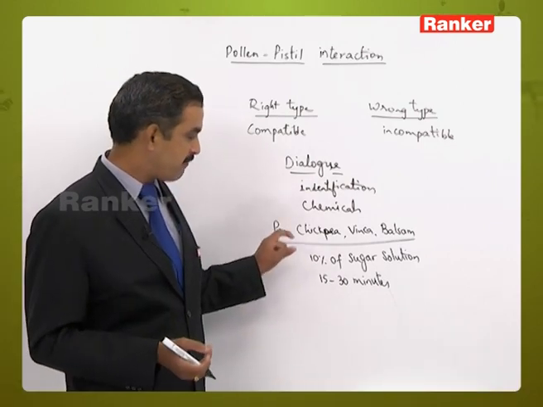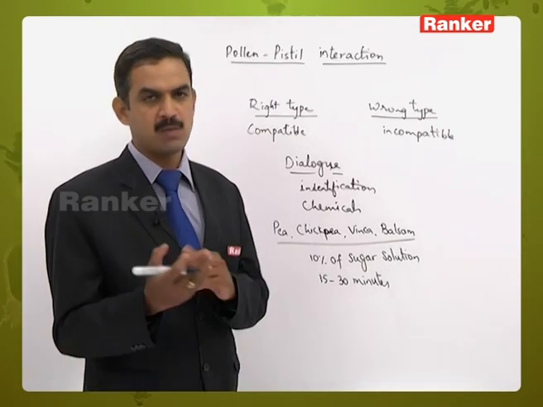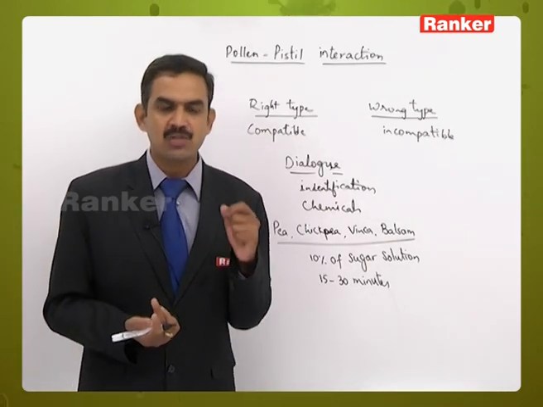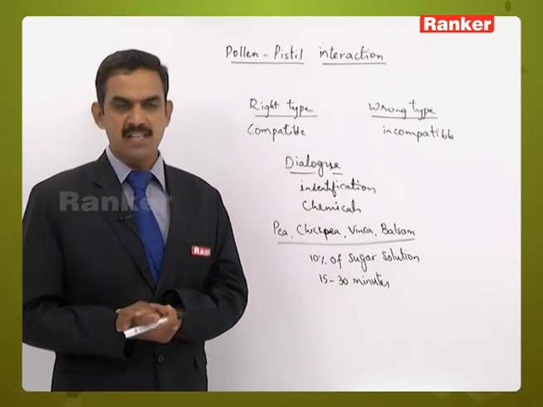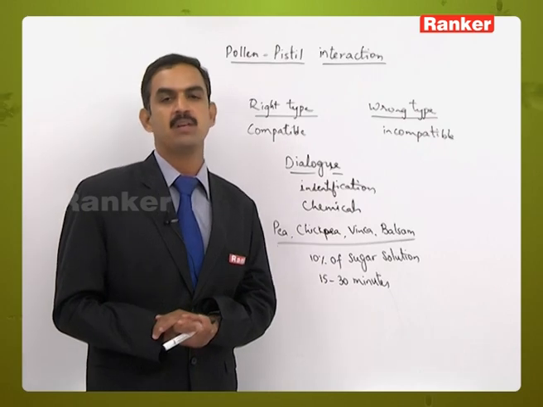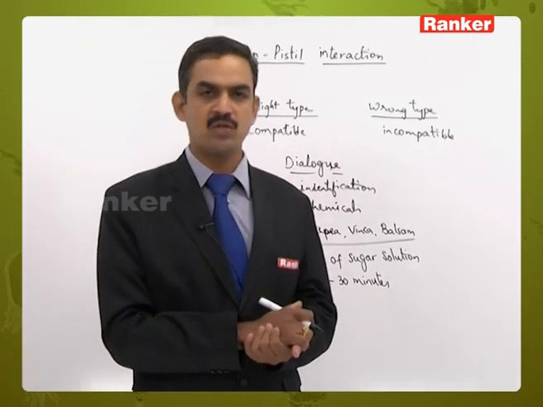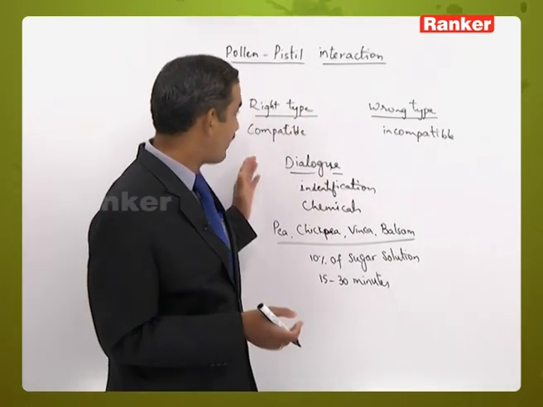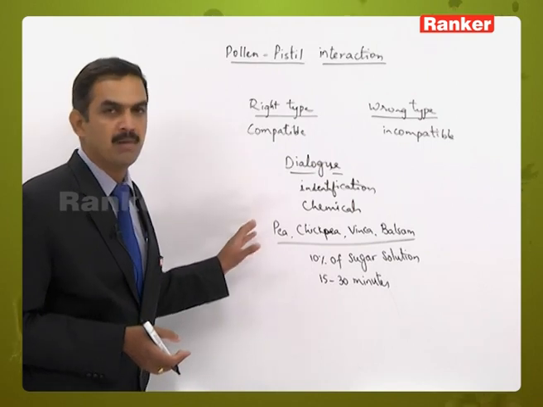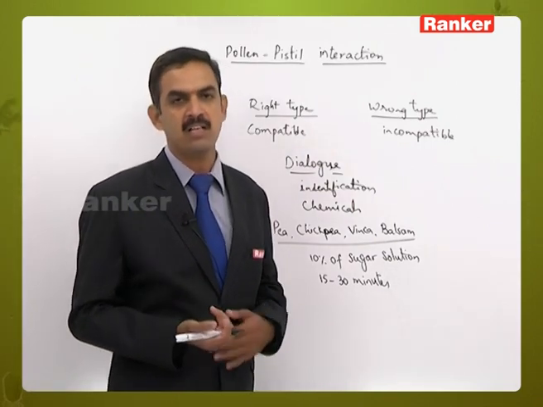This is how we can manipulate the mechanism of pollen-pistil interaction so that plant breeders can produce hybrid varieties of plants, which help in high-yielding varieties and in food production, that is, production of the crop. So, that is how we can manipulate the process using this mechanism. This is what we call pollen-pistil interaction.